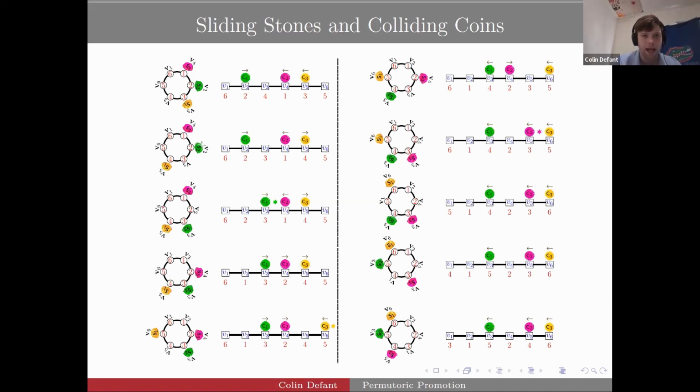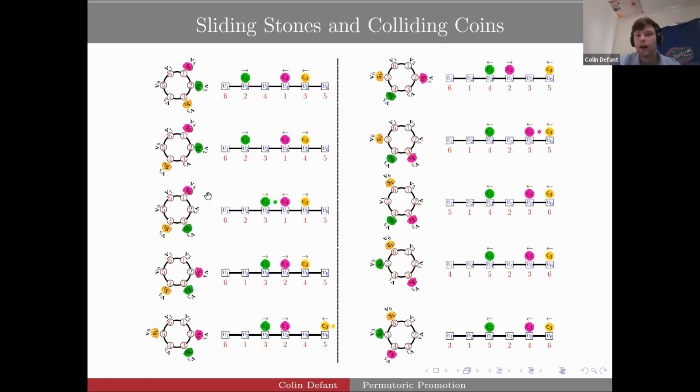So what happens is the green stone slides from underneath the V2 to underneath the V3. So it kind of leaves the V2 behind and slides underneath the V3. And then similarly, in the next step, when I do tau 1, the 1 and the 2 get swapped. So the pink stone slides over, but it carries the V4 along with it as it slides. Okay, and you can keep going.